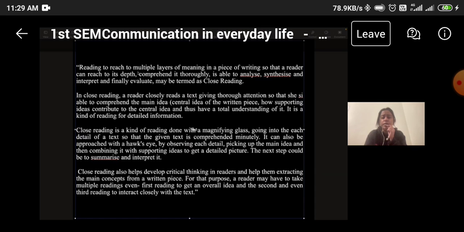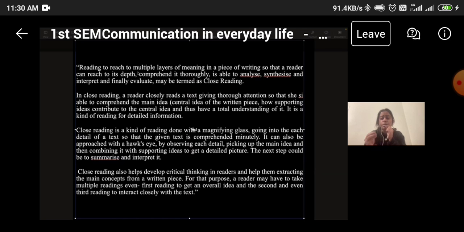Close reading is a kind of reading done with a magnifying glass. With this reference, we are referring to the multiple techniques of reading we have: going into each detail of the text so that the given text is comprehended minutely.